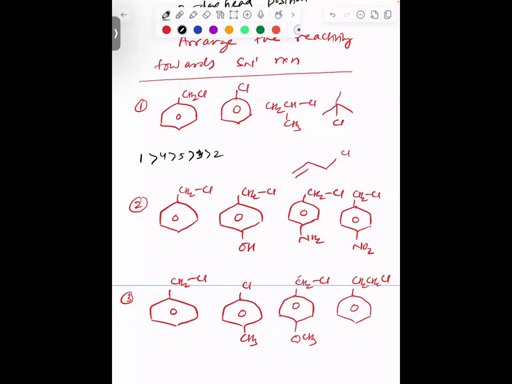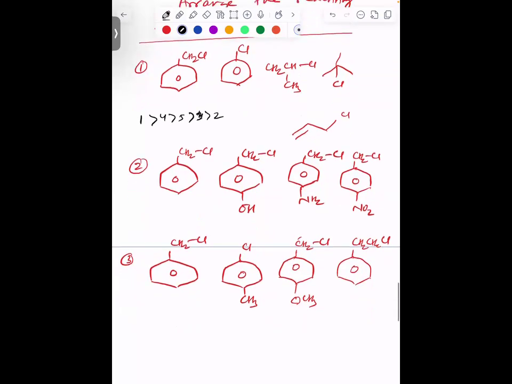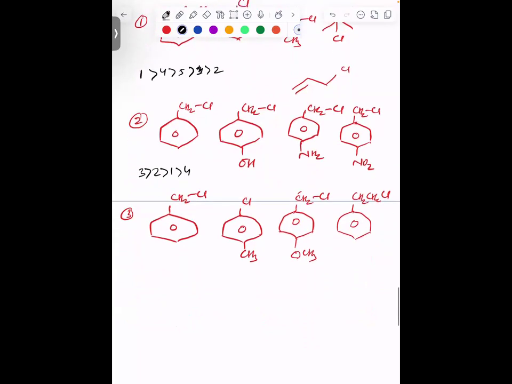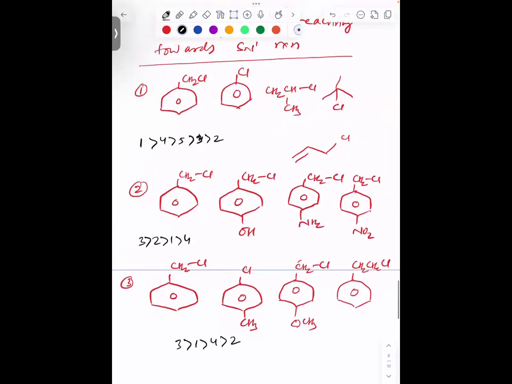This next is 3, 2, 1, 4. The last one is 3, 1, 4, 2. Compare with the answer.